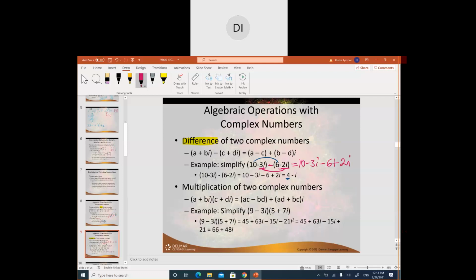So it's always better to do the parentheses first, distribute the minus. If it's positive, the parentheses doesn't matter. But here, because you have minus, distribute it, that changes the signs inside the parentheses, and then combine 10 minus 6 is 4, and then negative 3 plus 2 is negative 1i. Okay? Everybody understand that?